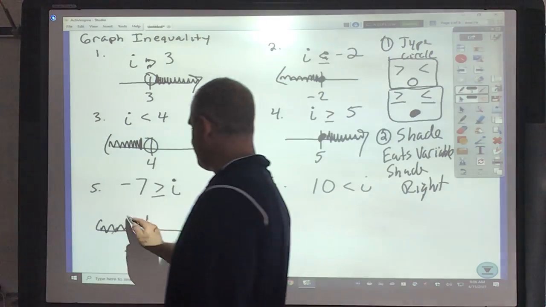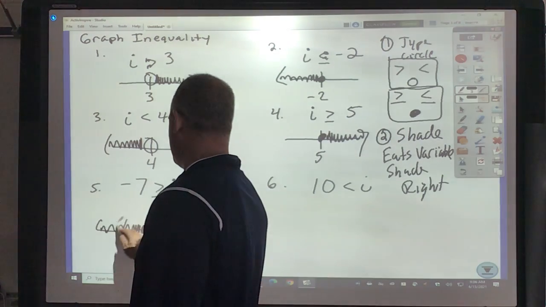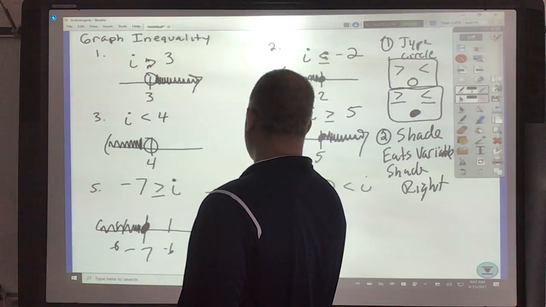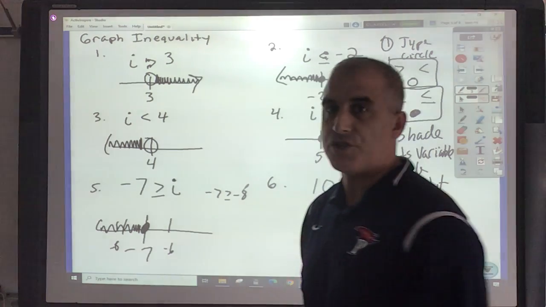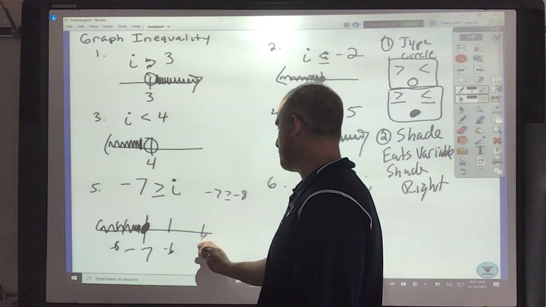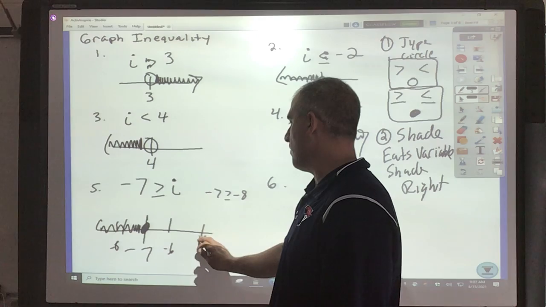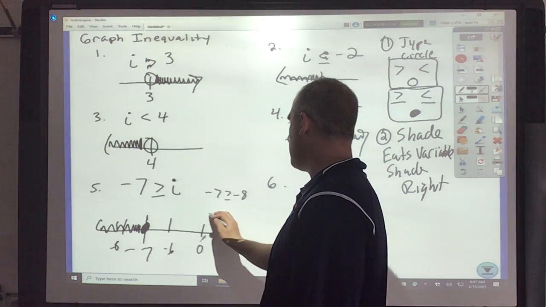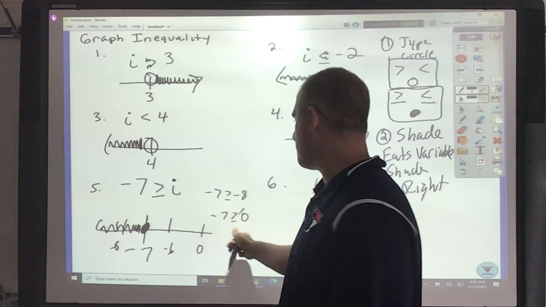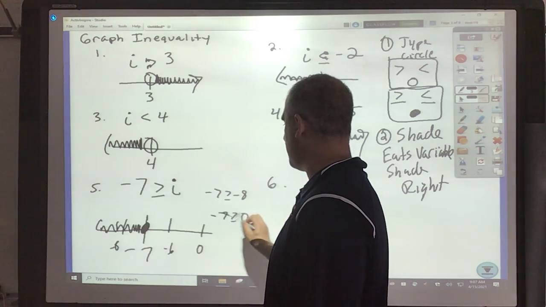In a number line, these are the numbers. The idea is, is -7 greater than or equal to -8? And that is true. If you shade it this way, it's no, okay? Sometimes people will look and say, 0 would be over here. If they shade it this way, is -7 greater than or equal to 0? It's not. We would never say negative. So that's why this side is not shaded, okay?